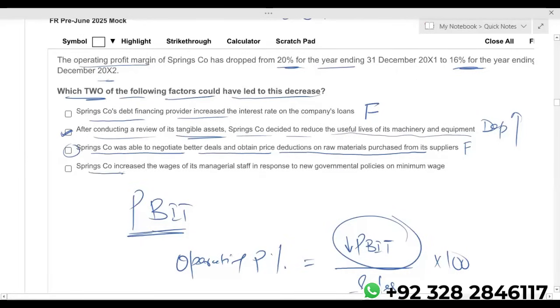Spring Company increased the wages of its managerial staff in response to the new government policy on minimum wage. When you increase the wages, your PBIT will reduce. So logically 2 and 4. Is this clear, students? These two factors have made your operating profit margin decrease from 20% to 16%.